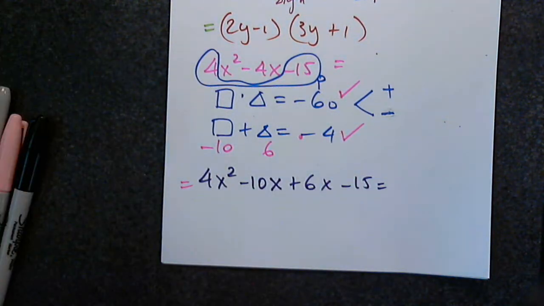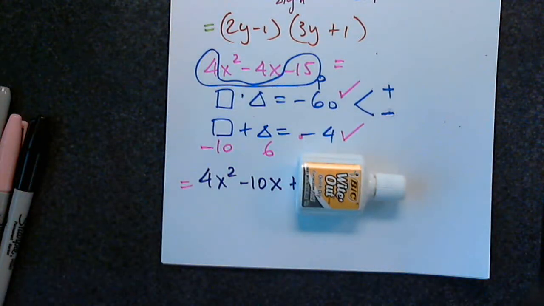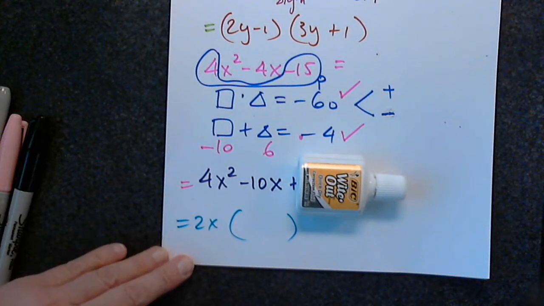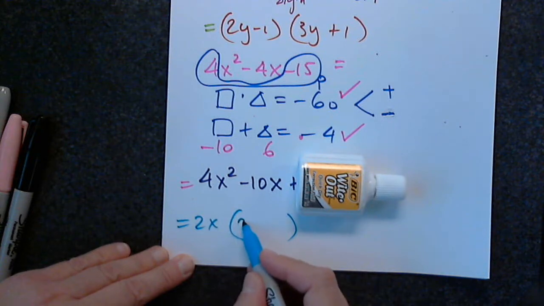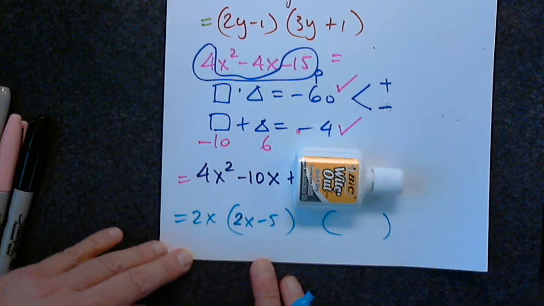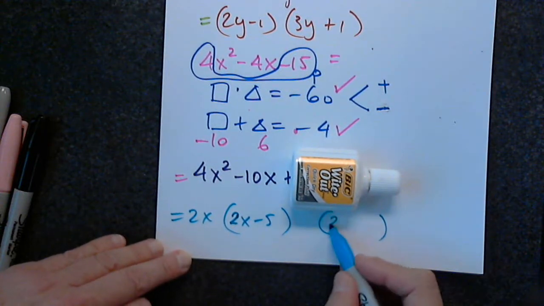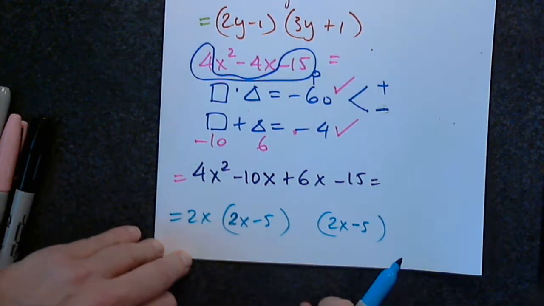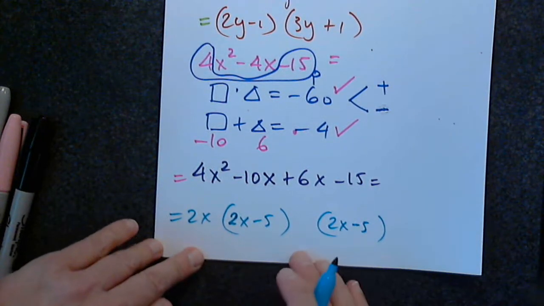Yes? Everyone? Good. So please give me the factor that you pull out from the very first two. 2x. And what do we have in parentheses? 2x minus 5. What you will copy immediately before we even look. It's very important. And now I need a sign and a factor.